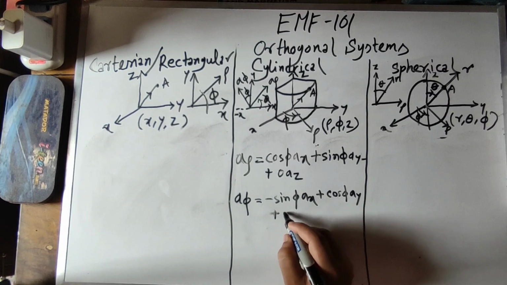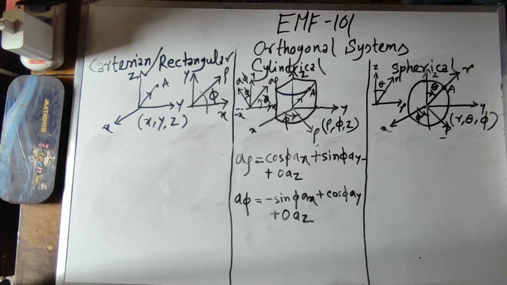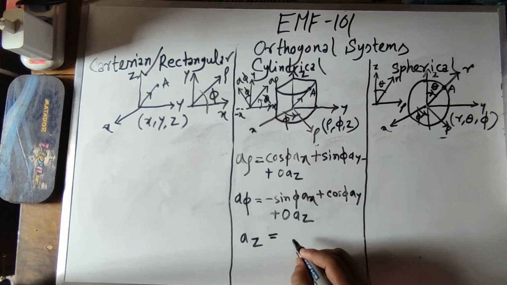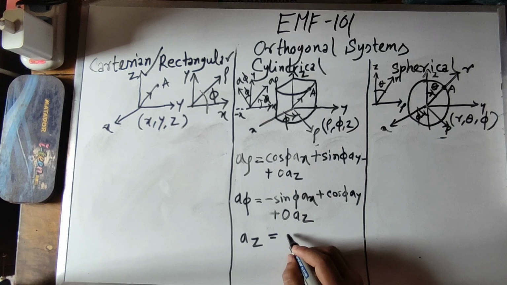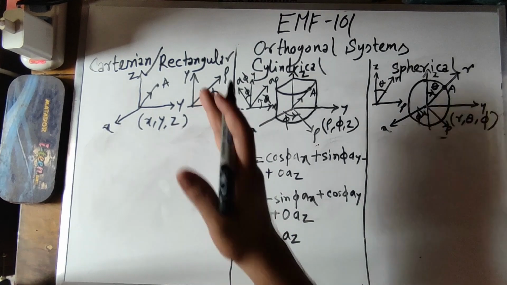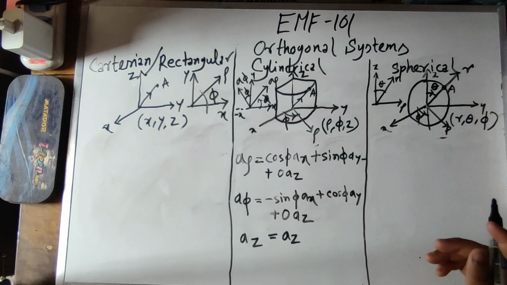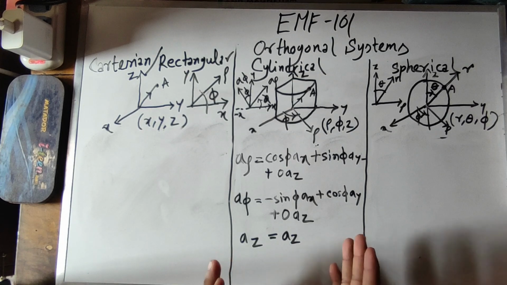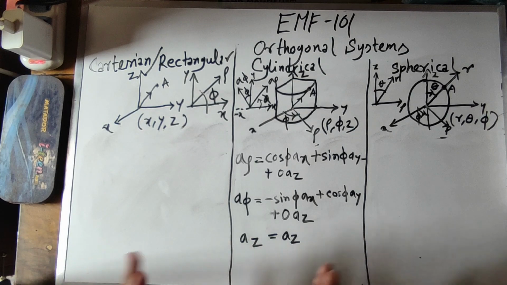So plus 0 az, and az is basically the same as the z of the Cartesian system. So these are the unit vectors in cylindrical from Cartesian.